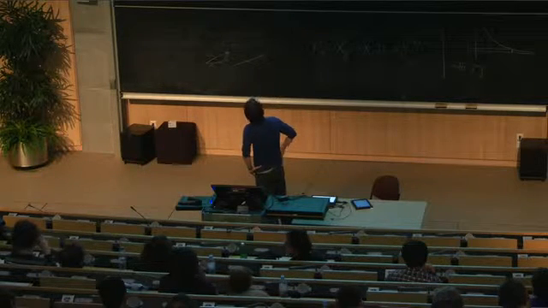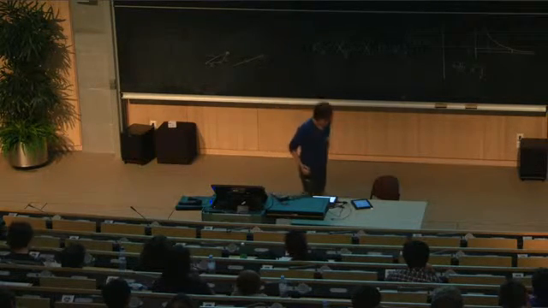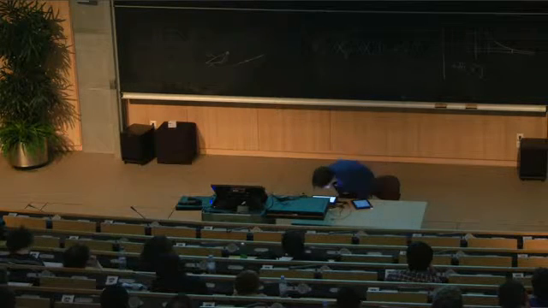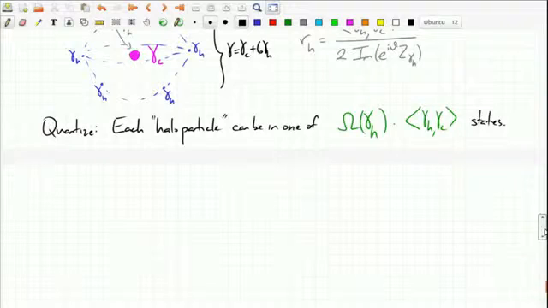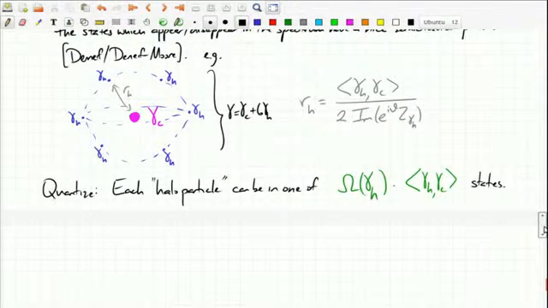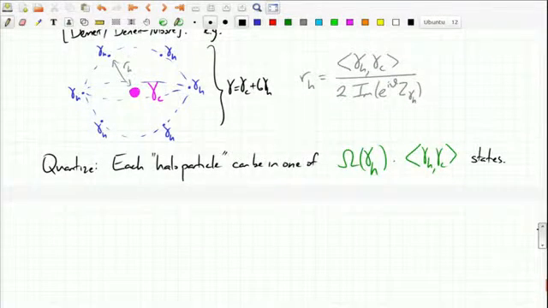So what does this mean? If I want to write the whole Hilbert space of these halo states, what I have to do is generate a Fock space. I can have creation and annihilation operators that create halo particles in each one of these states.